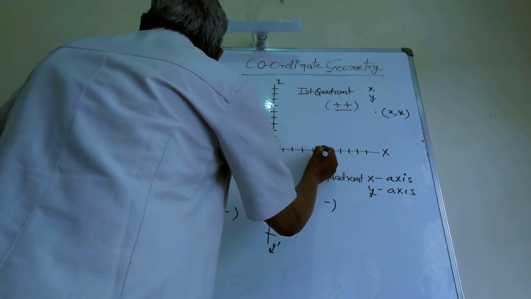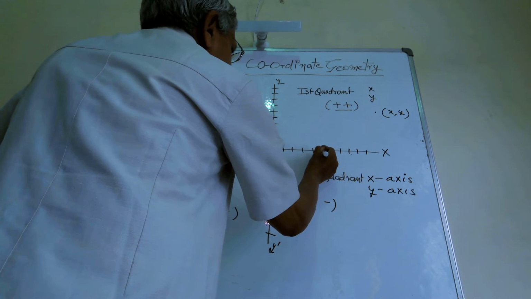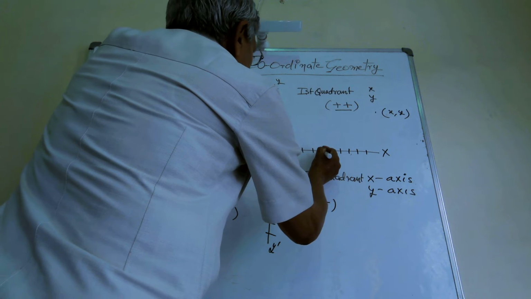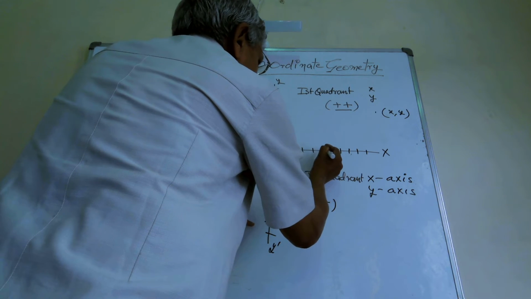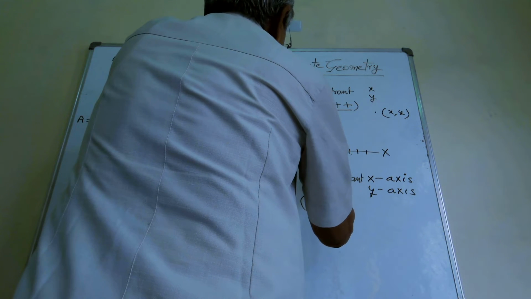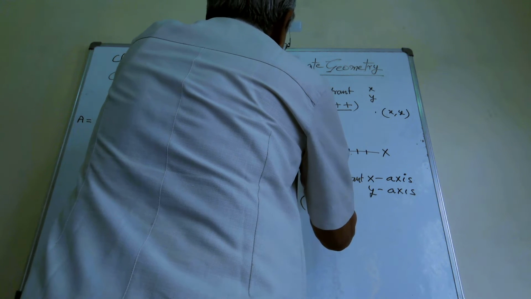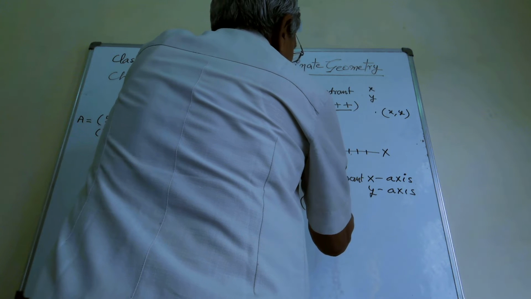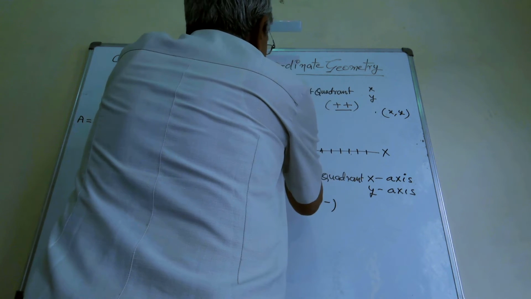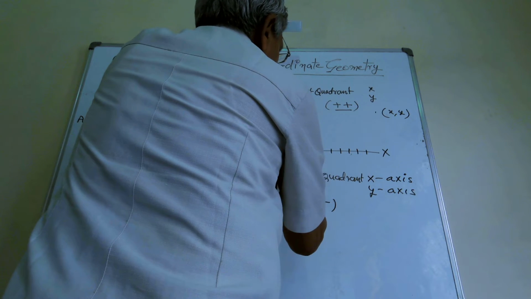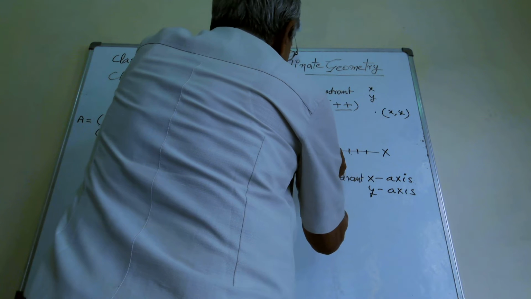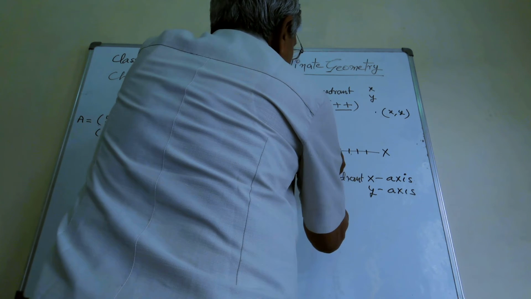6 is positive. As I have said, y will be positive on the upper side and negative on the downside. Move to the upper side 6: 1, 2, 3, 4, 5, 6. Y is equal to 6. From these two points, read X here and Y here. Take the perpendicular distance from here.